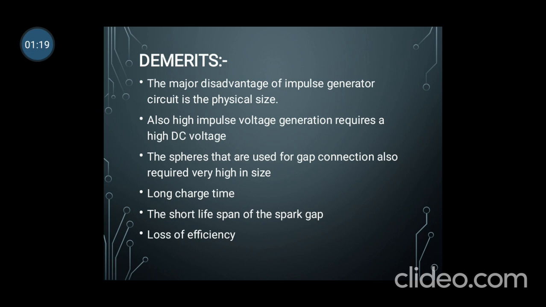The corona discharged by the impulse voltage generator is very difficult to suppress and reshape, so the electrode's life is shortened and requires replacement after a few cycles of repetition. It has a very long charging time and a short lifespan of the spark gap. And as we discussed above, there is a loss of efficiency.